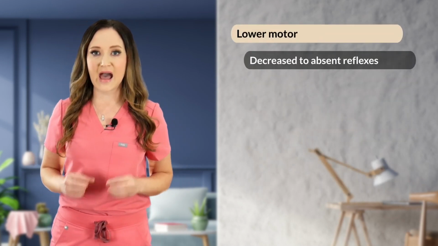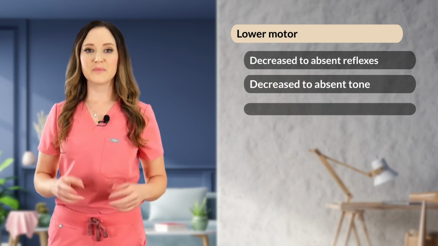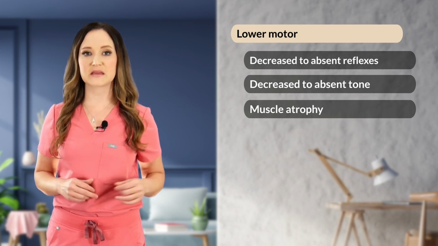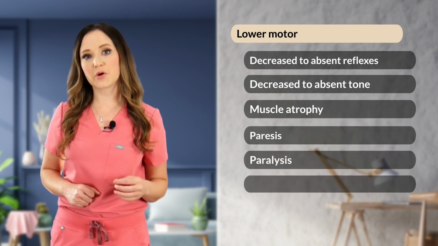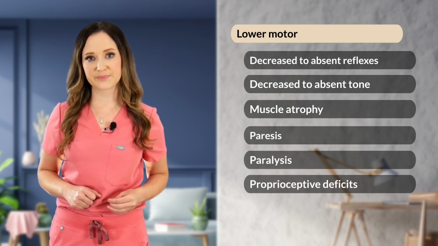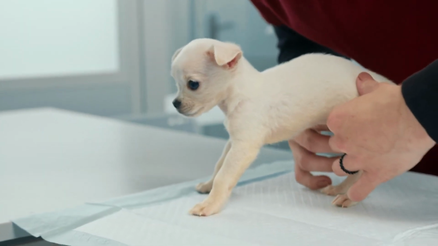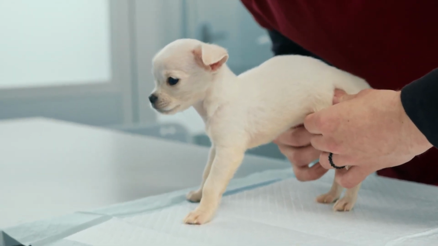Lower motor neuron signs include decreased to absent reflexes, decreased to absent tone, muscle atrophy occurring over a period of weeks to months, this time secondary to denervation, paresis or paralysis, and proprioceptive placing deficits. The presence of upper motor neuron versus lower motor neuron signs is essential for spinal cord lesion localization.